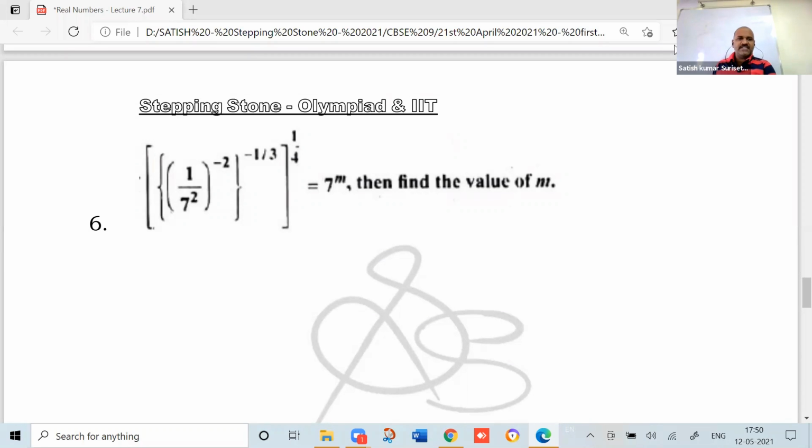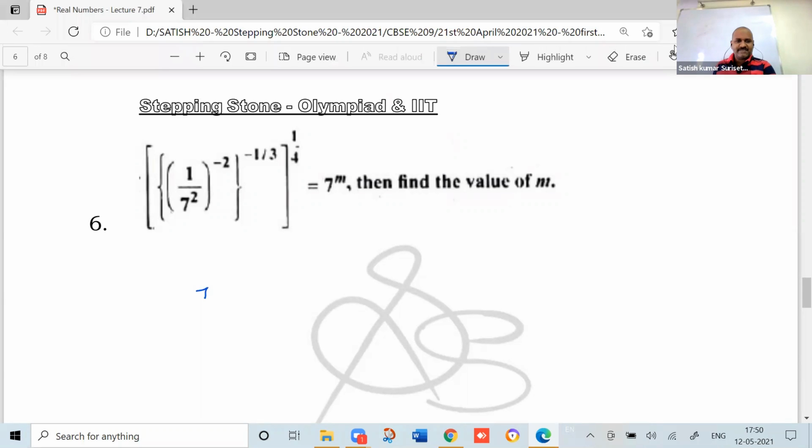So here 1 upon 7 square, what you can write as 7 to the power of minus 2, whole to the power of minus 2, again to the power of minus 1 by 3, again to the power of 1 by 4.